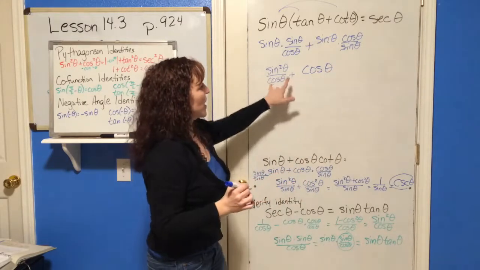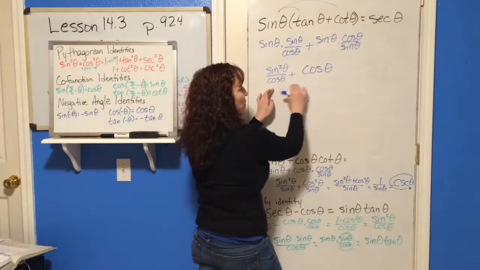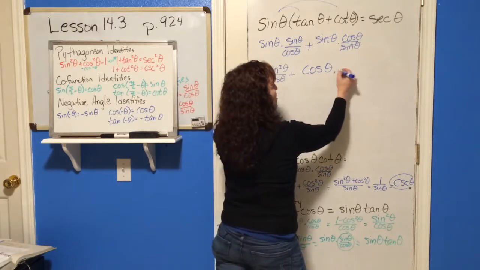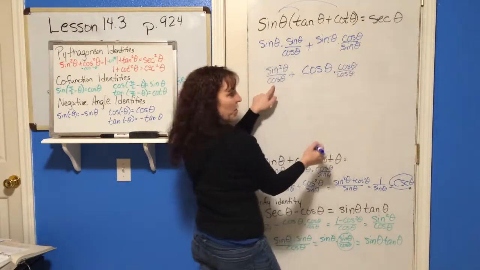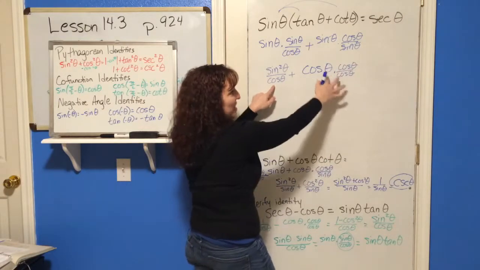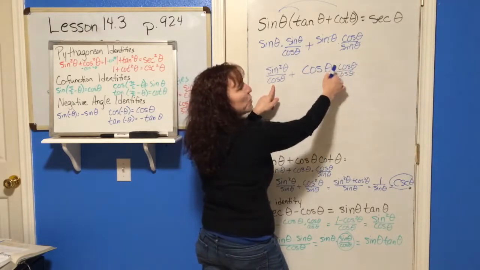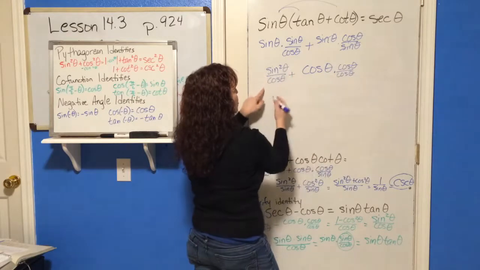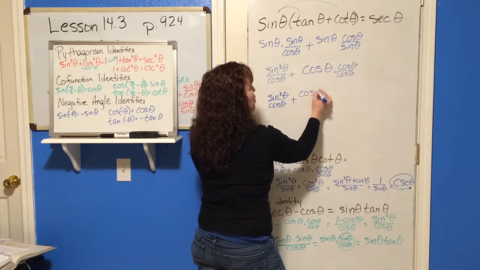And now we're adding, so we can't reduce those. In order to add, we need like denominators. So let's multiply this side by cosine over cosine. We can multiply by a fraction that's itself, because a number over itself equals 1, and we haven't changed anything. So now we still have sine squared of theta over cosine of theta plus cosine squared of theta.